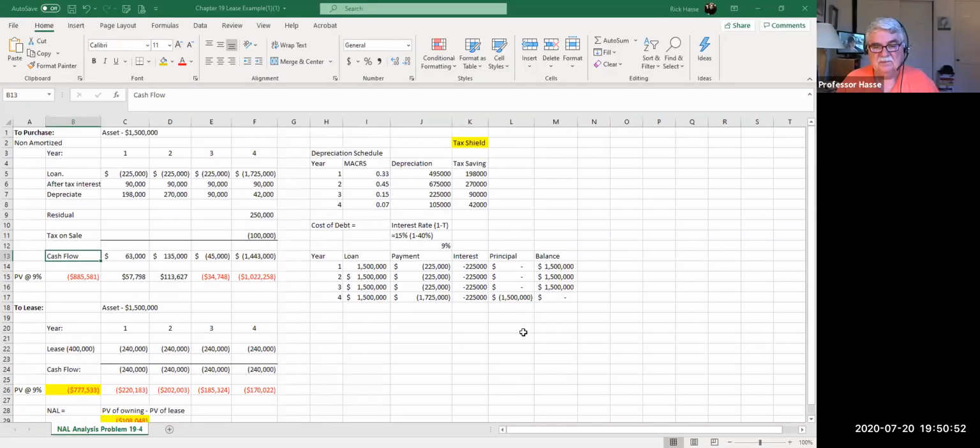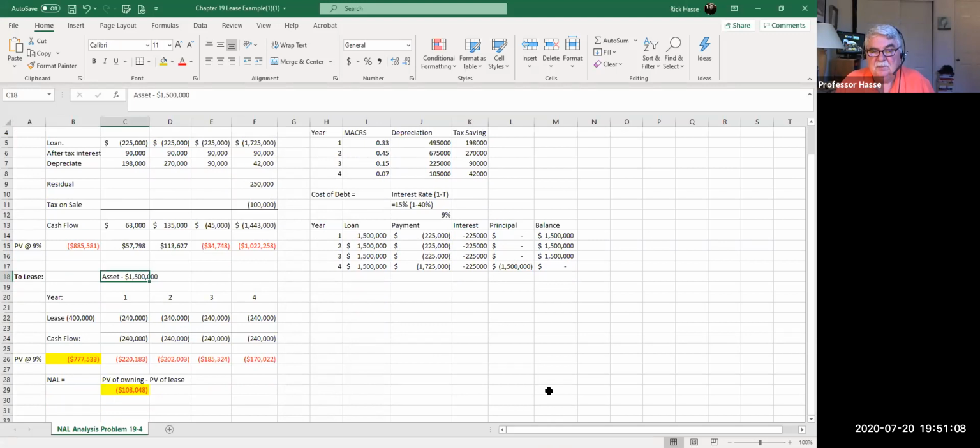I have also given you this for any of you to look at. This is in your week 7 file folder. It's a spreadsheet for determining the advantage of leasing. To purchase a $1.5 million asset or to lease a $1.5 million asset, what is the cheaper method?